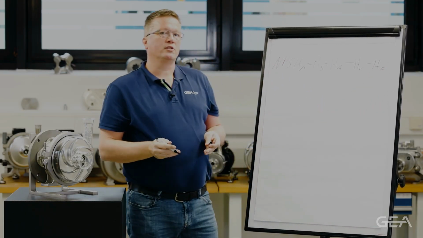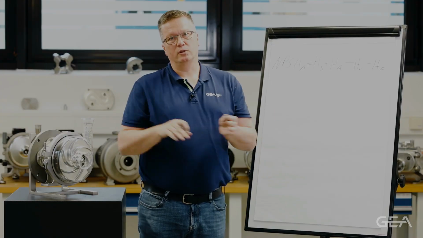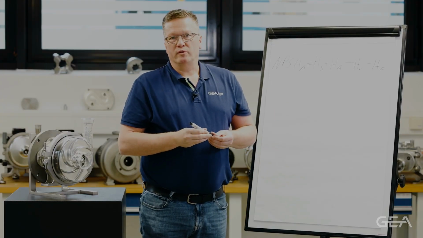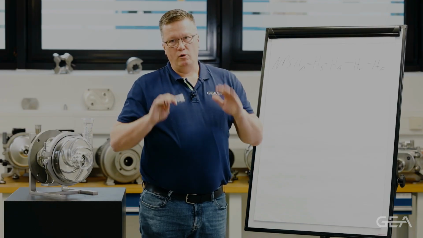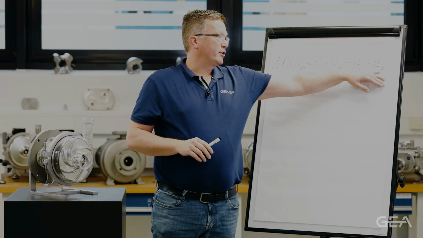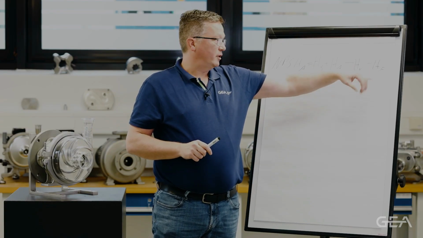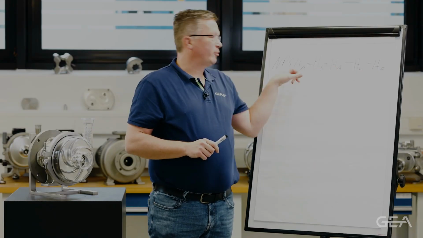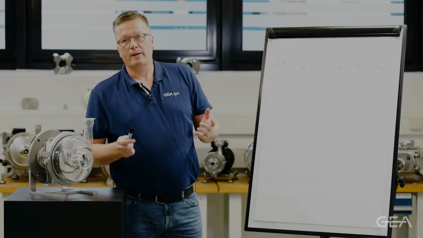So everything you install from the tank to the pump, such as valves, bends, measuring equipment, strainers, all lowers your pressure, because it increases the friction loss F and this lowers the complete NPSH. So these are the factors that we have.